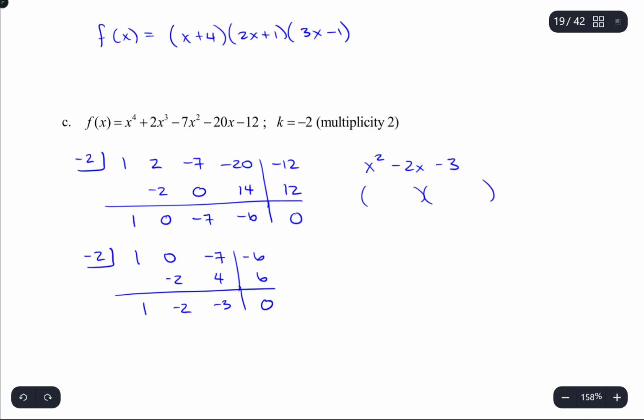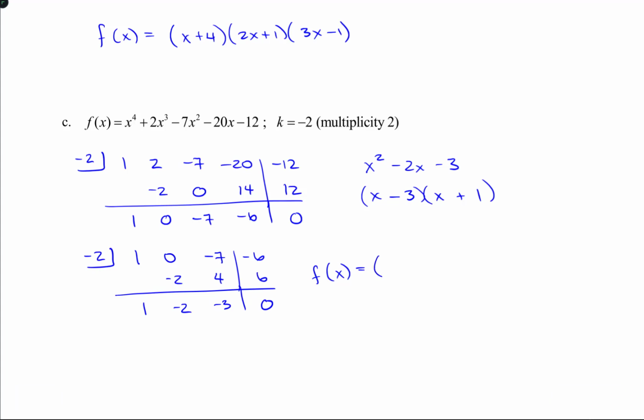And if I factor this, I'll now have the entire polynomial factored. So x and x, 3 and 1. If the 3 is negative and the 1 is positive, that will work great. And my polynomial here will look like, k equals negative 2 changes into the factor x plus 2.